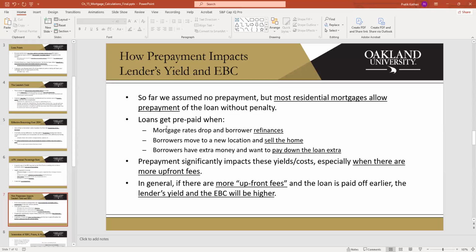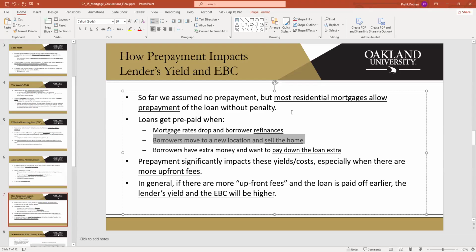So usually people start paying off loans early, like I mentioned. Most housing mortgages are prepaid early. Either if the rates drop, people try to refinance their mortgages at lower rates, like we have discussed, or people move to a new location and they have to sell a home.